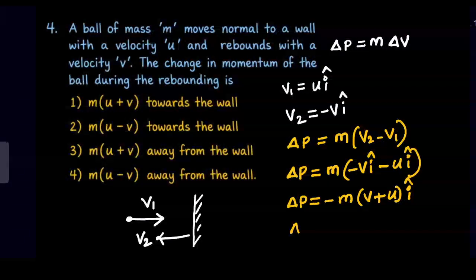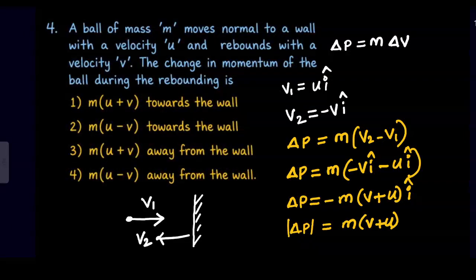So the magnitude of the change in momentum is M into (V plus U). And the direction is minus I. Minus I means away or towards? Away. So that's the option: Option 3.